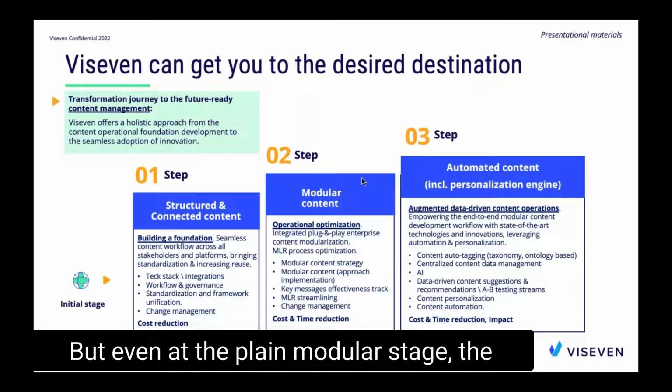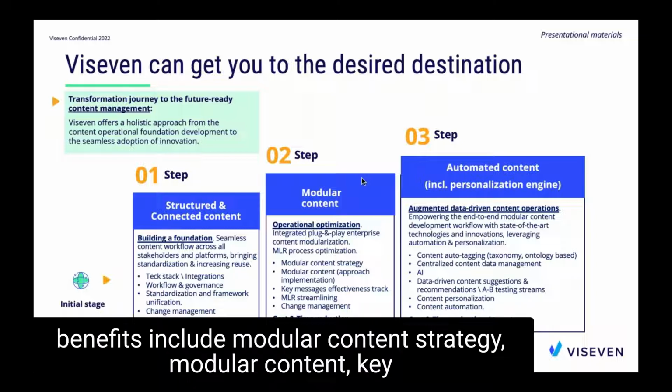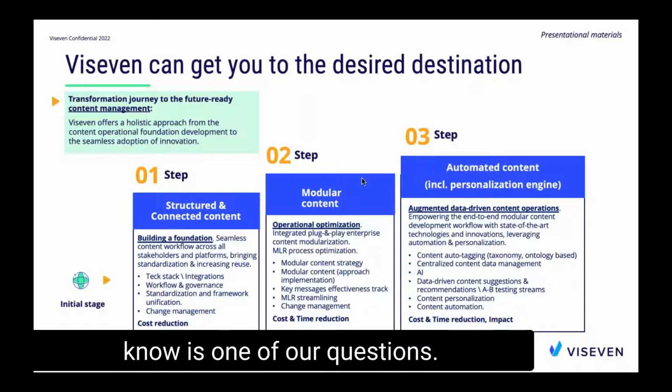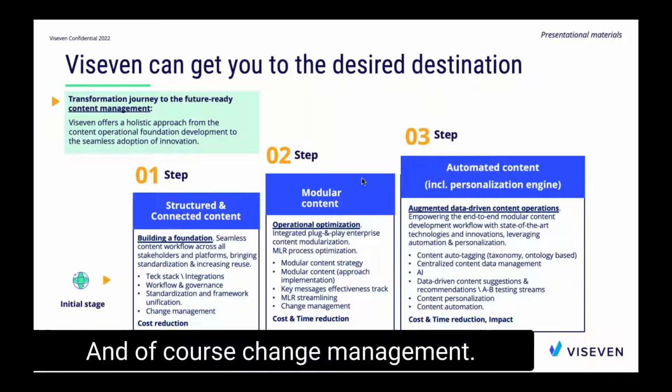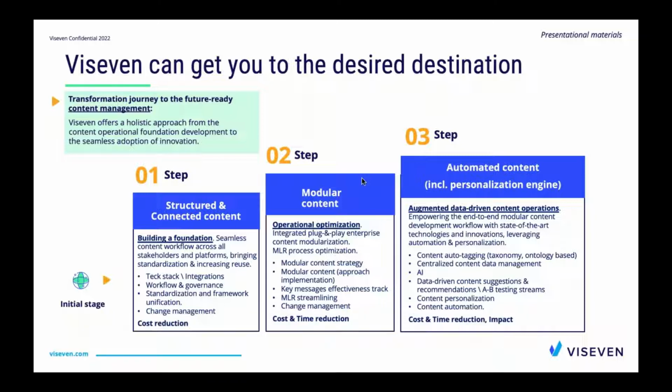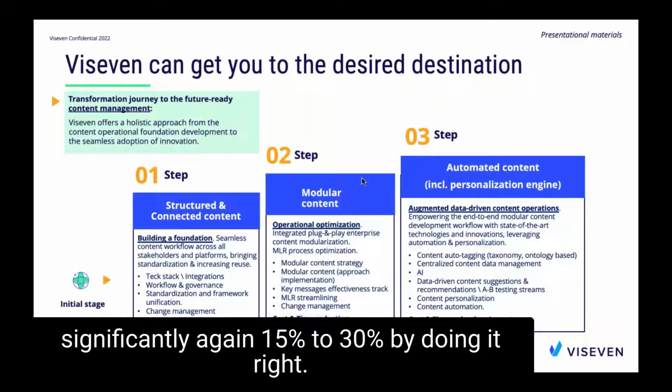But even at the plain modular stage, the benefits include modular content strategy, modular content, key messages effective track, MLR streamlining, which I know is one of our questions, and of course, change management. With all of these, our time and cost are reduced significantly. Again, 15 to 30% by doing it right.